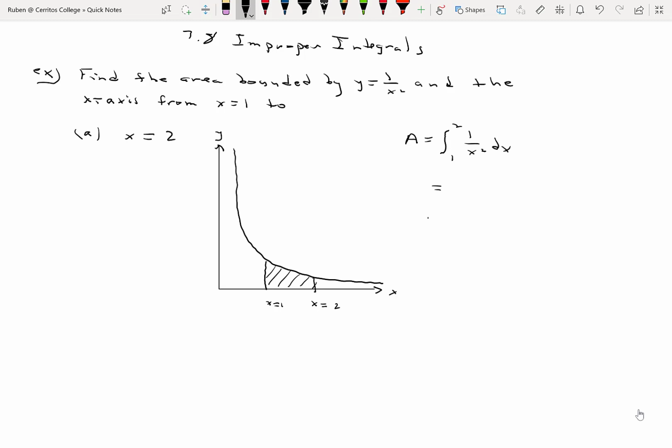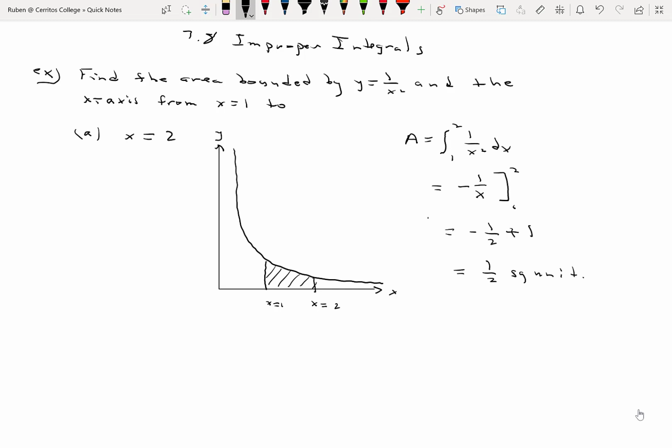The antiderivative of 1 over x squared is negative 1 over x, evaluated between 1 and 2. Substituting the upper limit, we get negative 1/2. Substituting the lower limit and subtracting, we get plus 1. So the area is 1/2 of a square unit.